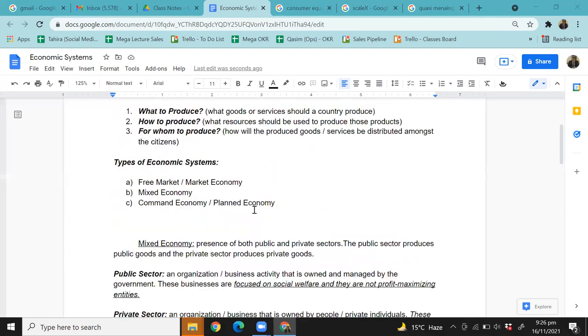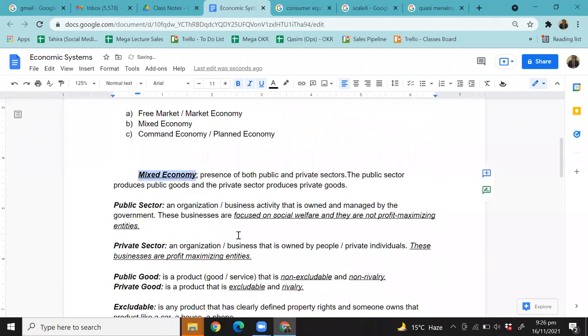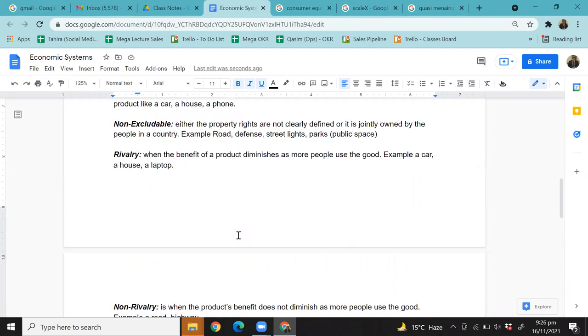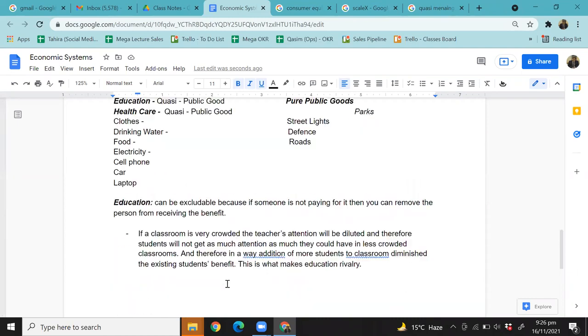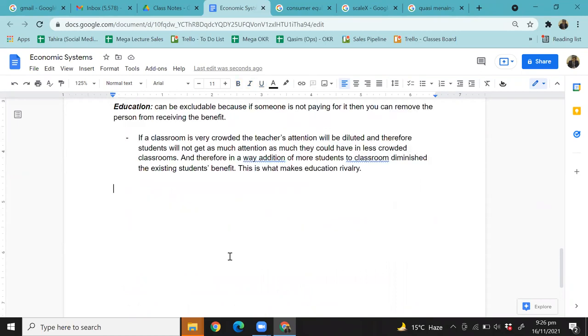Now, the first type of economic system that we're about to discuss is mixed economy. In a mixed economy, government produces public goods and the private sector produces private goods. Then what is the role of the private sector? Think about this.